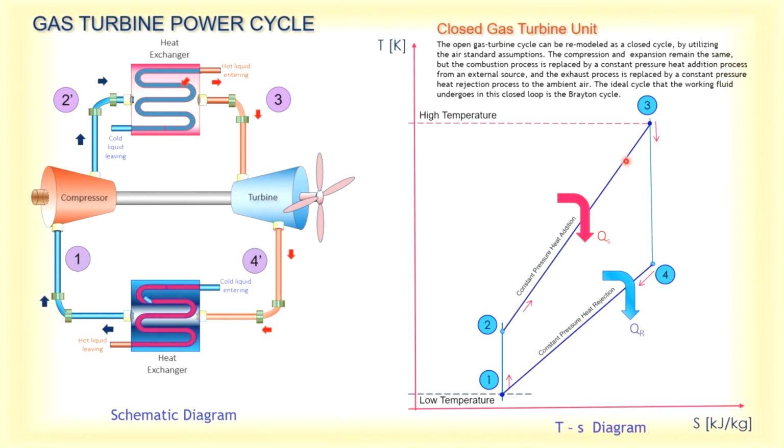This is a TS diagram which we have learned from the very first. It is completely isentropic and it is a closed cycle, so we can measure heat addition and heat rejection. But for the open unit, we are unable to measure the heat rejection because that part is omitted.